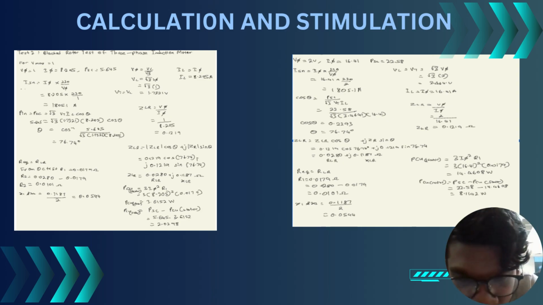So in this formula, we find RLR equals 0.0280, and XLR equals 0.1187.